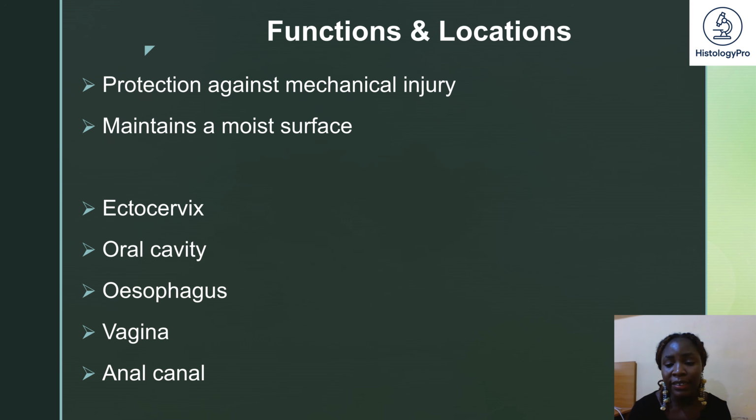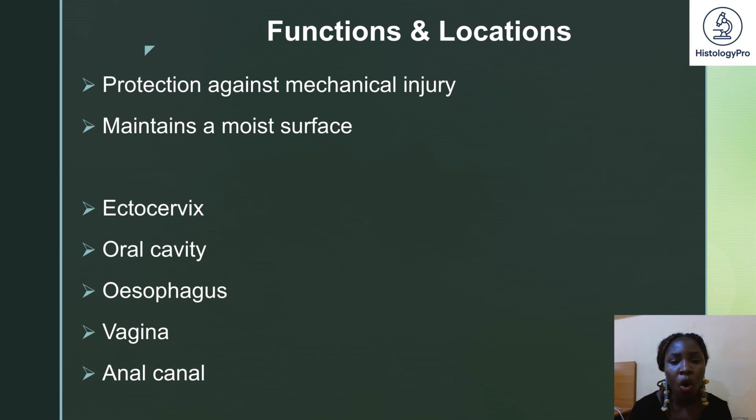Unlike the keratinized type, this epithelium also maintains a moist surface because there is no keratin layer. The cells in the superficial layer remain alive and hydrated, allowing flexibility and resistance to tearing.